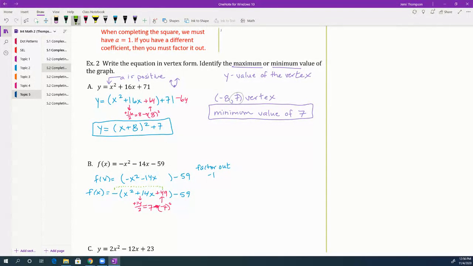So I really have a minus 49. So to keep my equation balanced, I have to add 49. So I drew this little green dashed line to make sure that you take that into account. And the rest of it's the same.